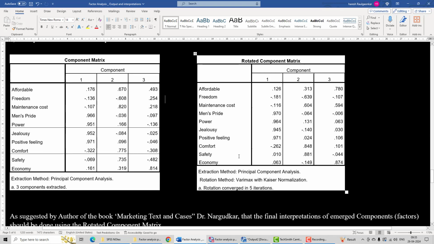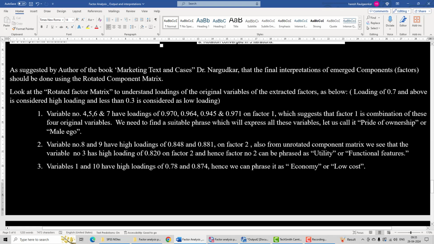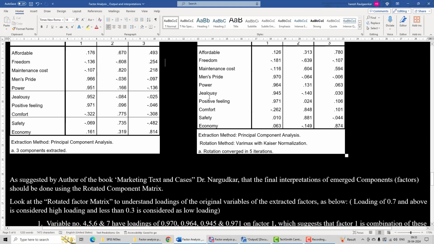We need to give a suitable name to this factor, which will represent all these 4 variables. So here we have named it pride of ownership, or we can say male ego, because most of it is talking about maleness.